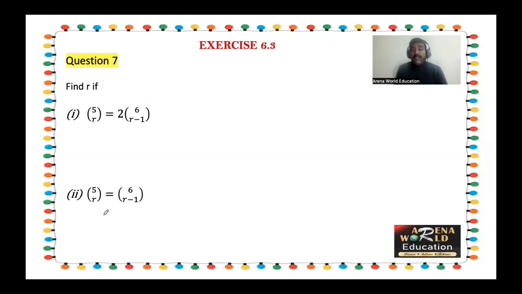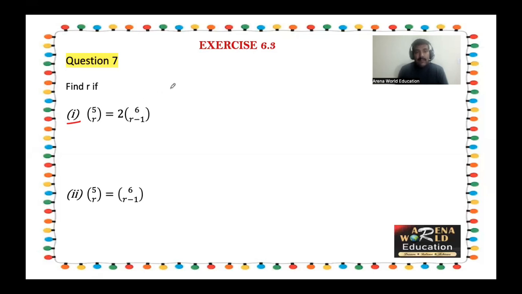Now question number 7. Find r if 5Pr is equal to 2 into 6P(r minus 1), right? We had already discussed what nPr is. Here n is 5, so directly I'm solving the first part.